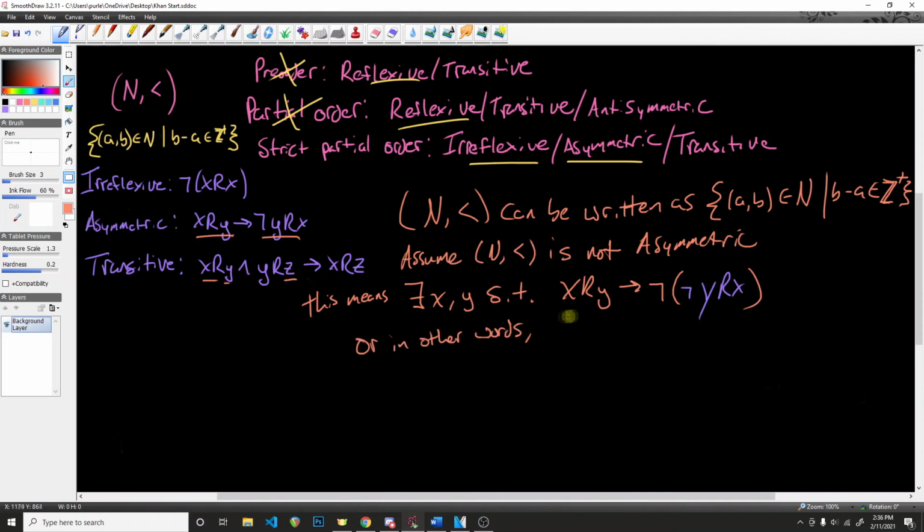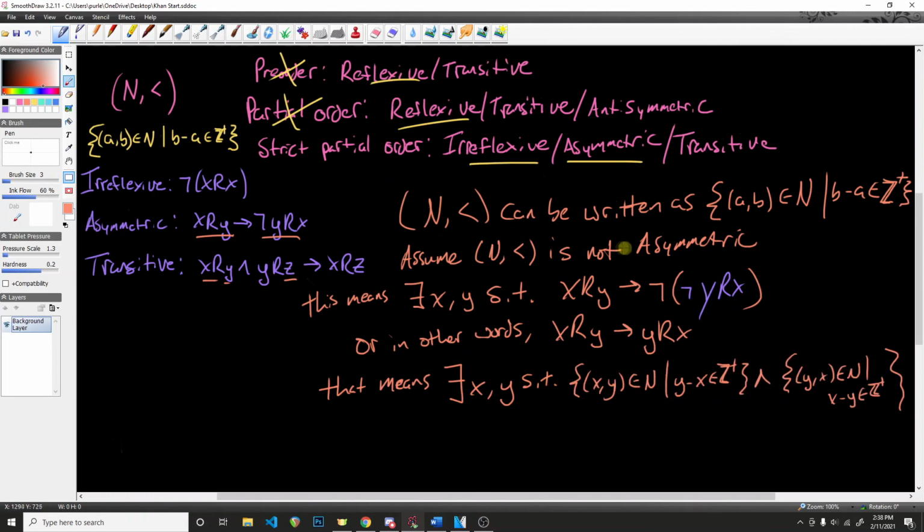Or in other words, what this means is that xRy implies the not cancels each other out. So that means that xRy implies yRx. That means that there exists some x and y values that are in our natural numbers here, such that, and again, I'm just copying our definition from over here over to here.